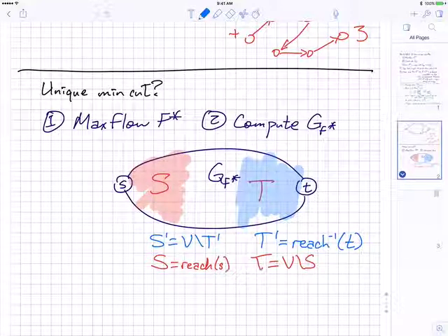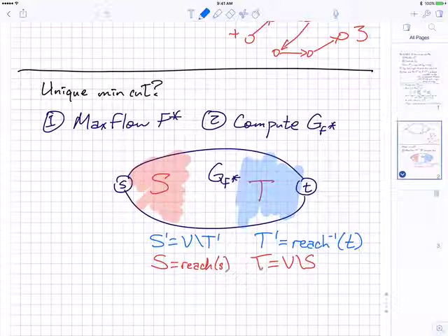This proof is essentially brute force. It's essentially definition chasing about what a cut is. Do you have any unique characteristics in the flows? I'm sorry? Do you have a unique minimum cut? Do you have any uniqueness in the flow? No, not necessarily.